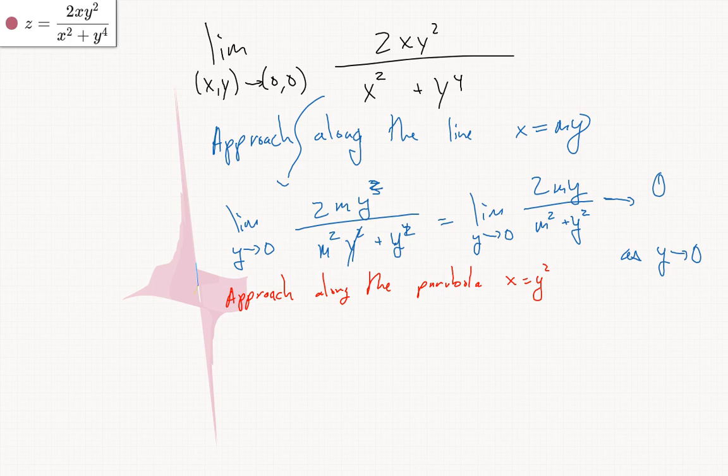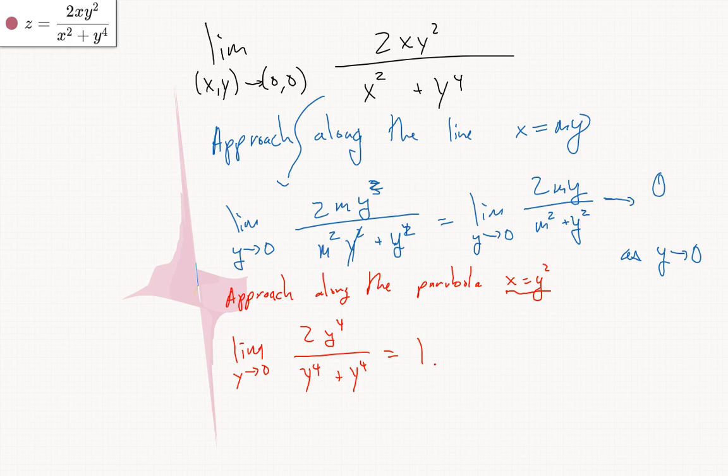So then we'll be looking at the limit as y goes to 0 of 2y to the 4 over (y to the 4 plus y to the 4). And so this is equal to 1. So we get different answers when we use straight lines versus when we use a parabola.